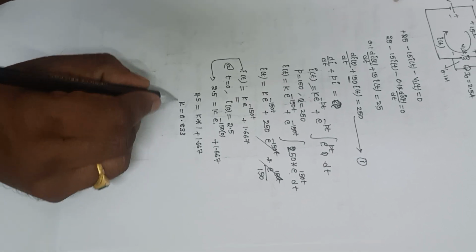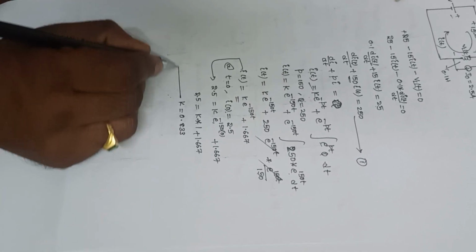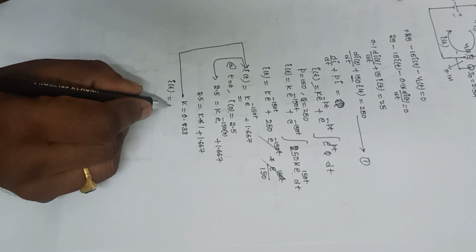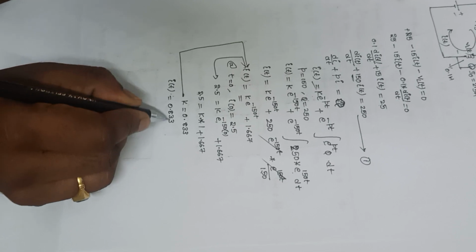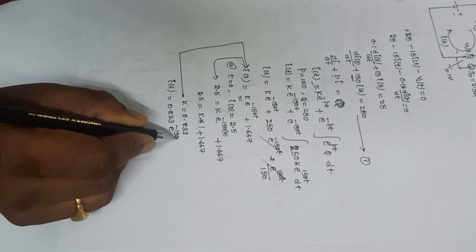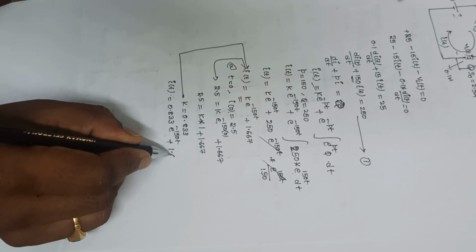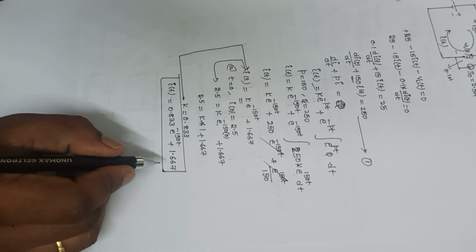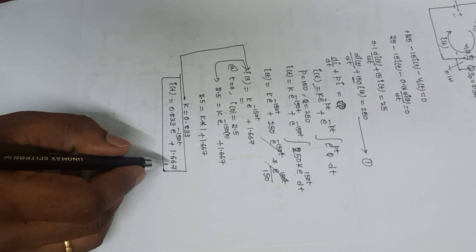Now substitute this k value in the expression. So we get I of t is equal to 0.833 into e power minus 150t plus 1.667. This is how we can get the solution for this type of problem.